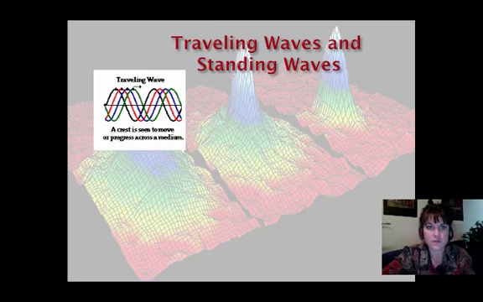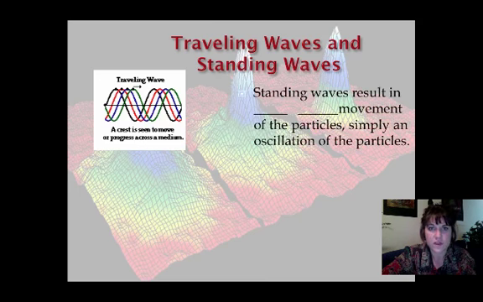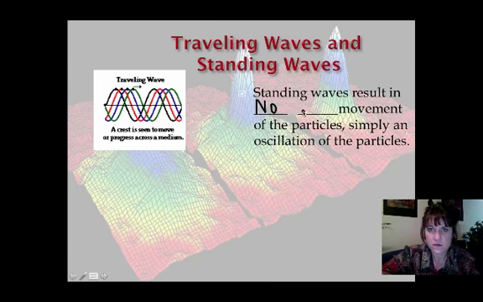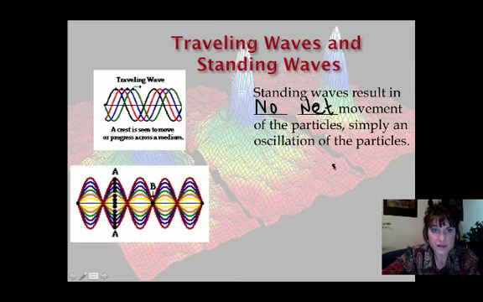Here would be an example of a traveling wave, where the energy is propagated across the medium as the wave travels. Standing waves still propagate the energy, but they result in no net movement of the particles. It's simply an oscillation of the particles, like we said, like the stringed instrument.